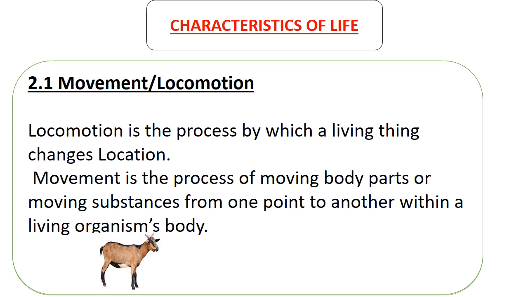For example, if this goat moves from where it is to this point, we say it has done locomotion. The process that allows it to move, which is moving legs forward and backwards, is movement.